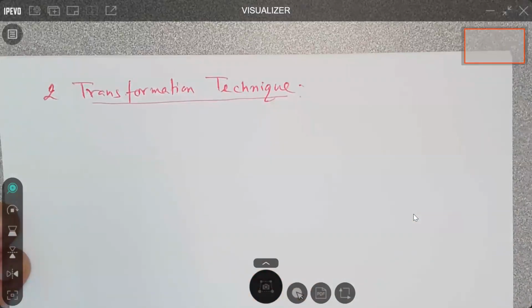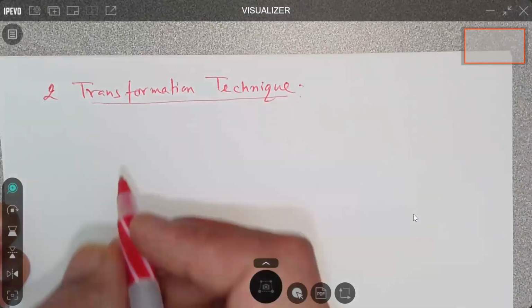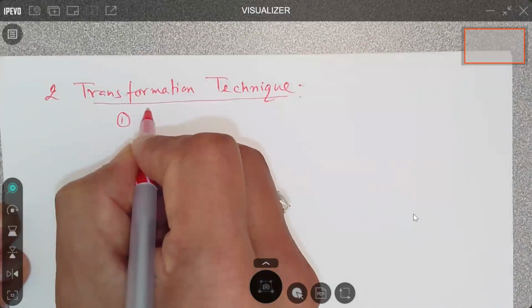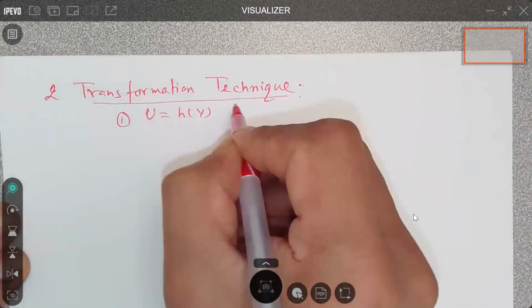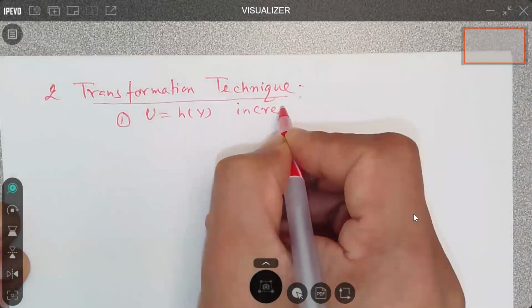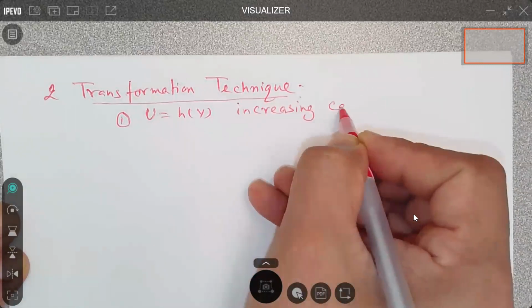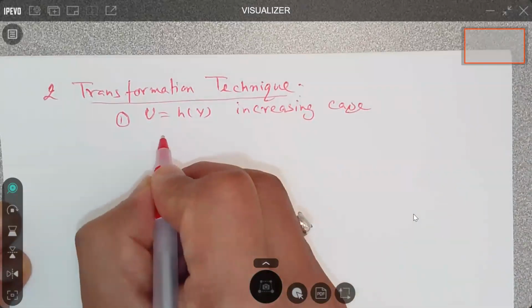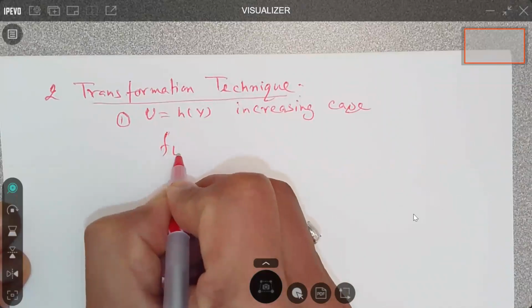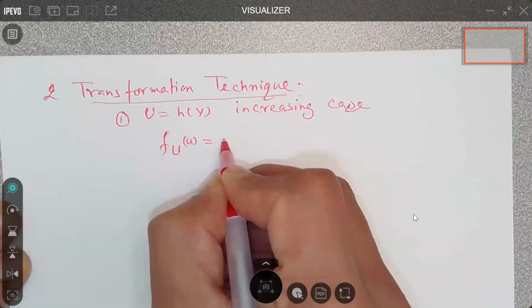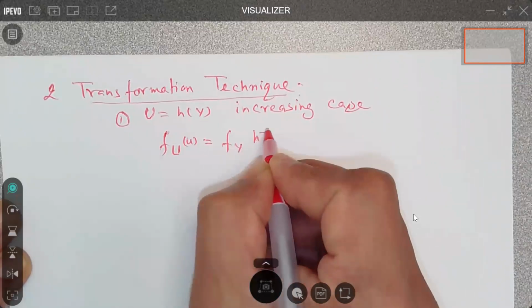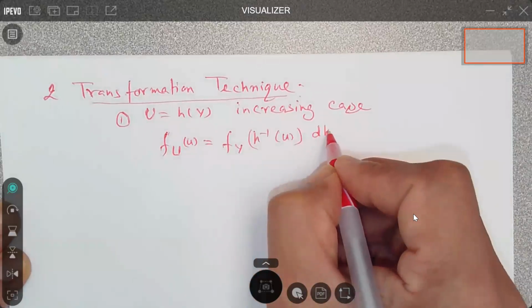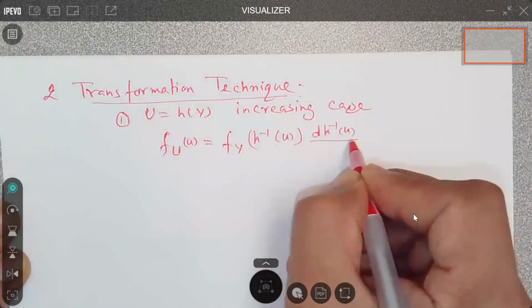So in the transformation technique, last time we did it for the random variable U equals h of Y, the increasing case, right? Increasing case. That's what we did, and we got the density function of the transformed variable U, f_U(u) equals f_Y(h inverse u) times d h inverse u.